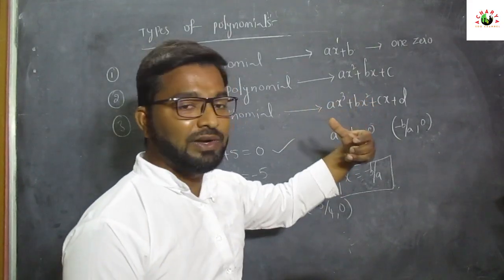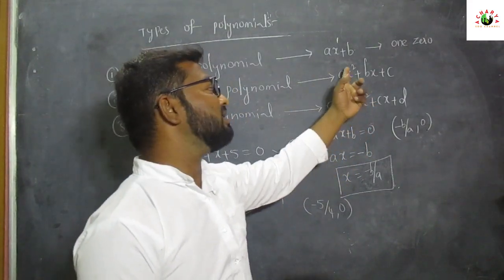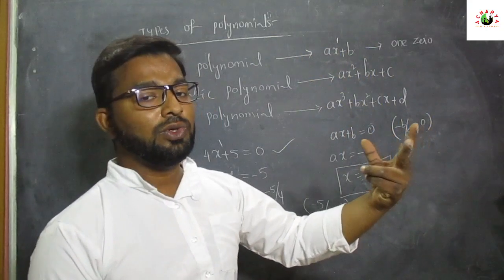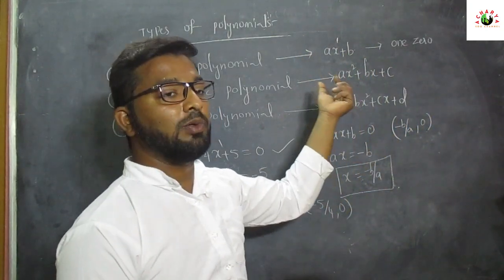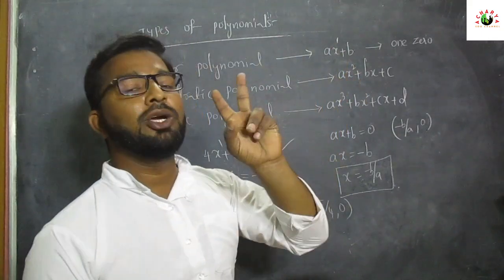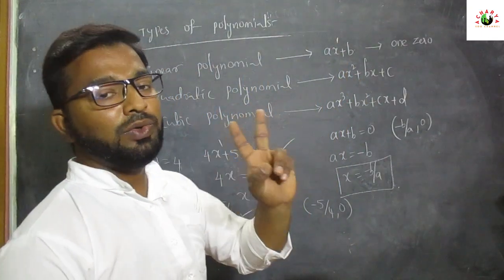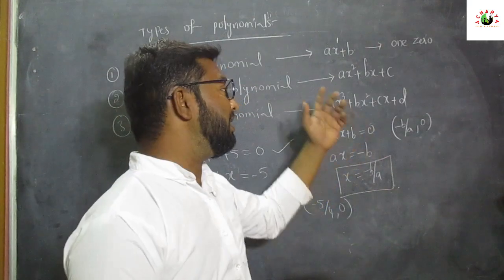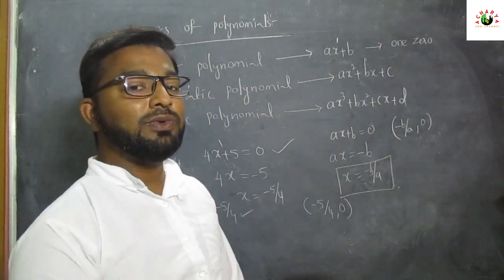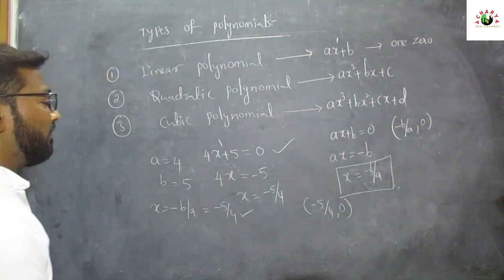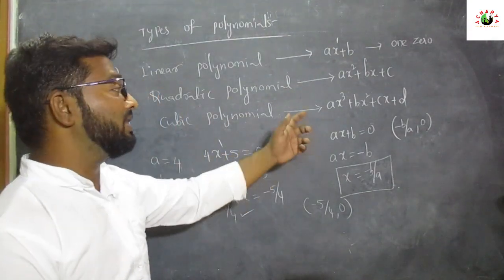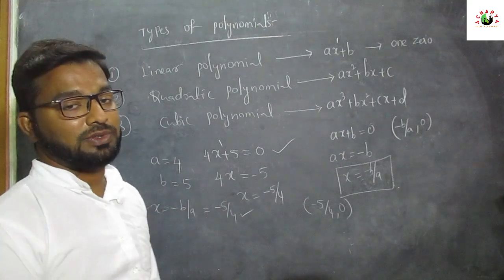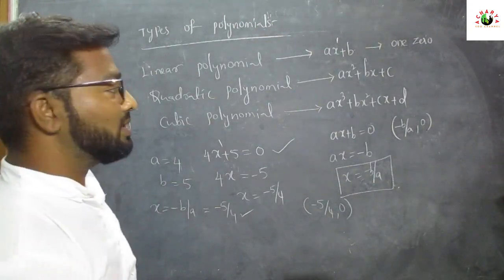The highest power of the variable is 2, so the quadratic polynomial has 2 zeros. Then how can we find the 2 zeros? By using the factorization method we have to find the 2 zeros.